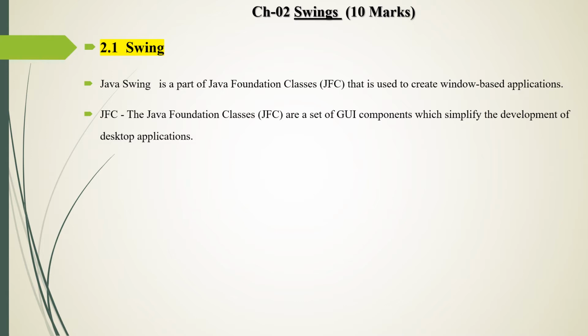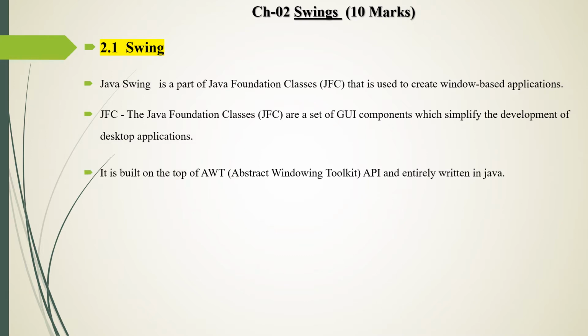So Swing also has some components that we already saw in the AWT. It is built on top of the AWT API and entirely written in Java. Unlike AWT, Java Swing provides platform independent and lightweight components.